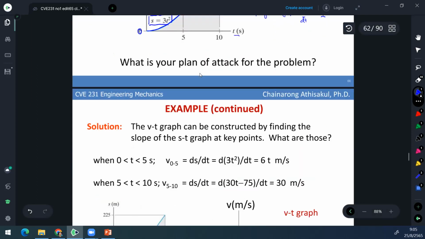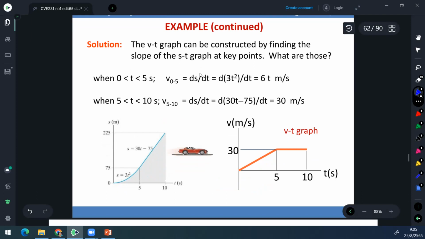For the time interval from 0 to 5 seconds, the position is equal to 3t squared.